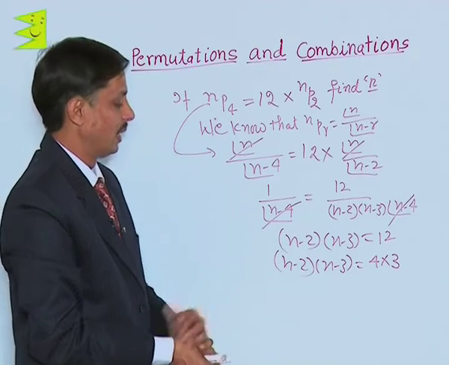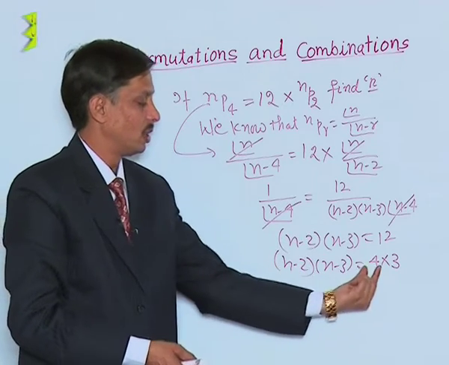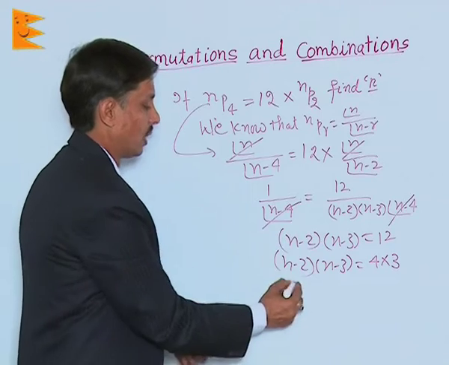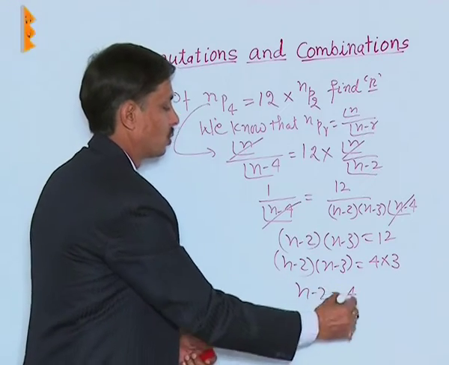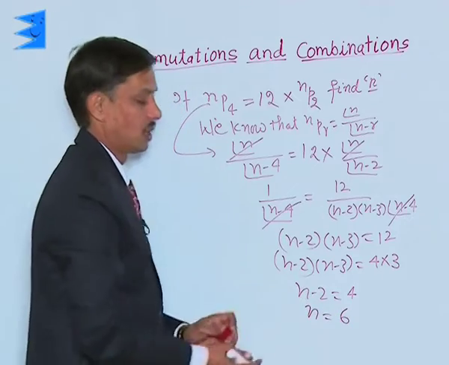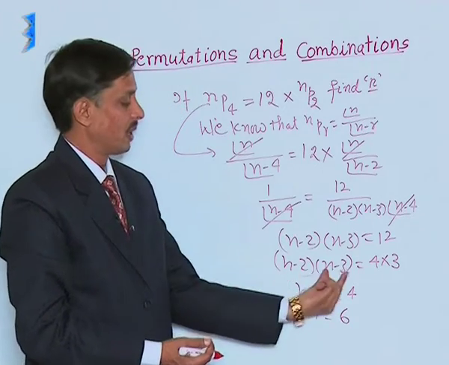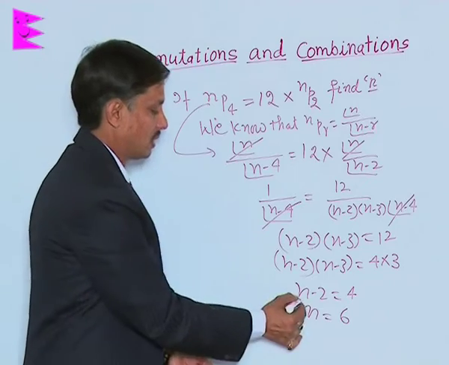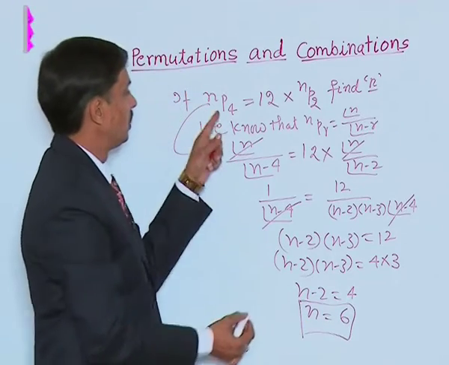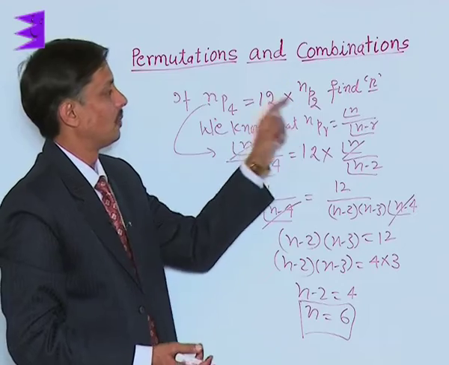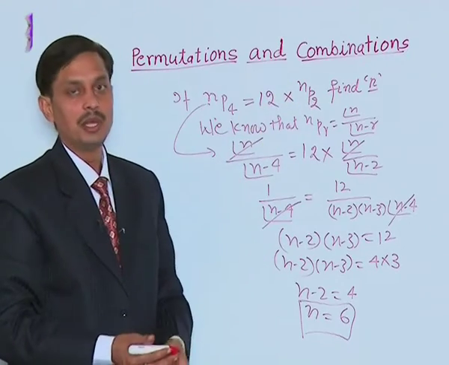Ultimately, this is n minus 2, n minus 3, this is 4, this is 3. On comparing, n minus 2 equals 4, so n equals 6. Or n minus 3 is 3, so n equals 6. Hence at n equals 6, the relation nP4 equals 12 times nP2 will be correct.